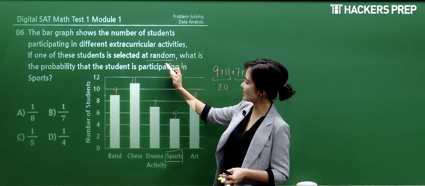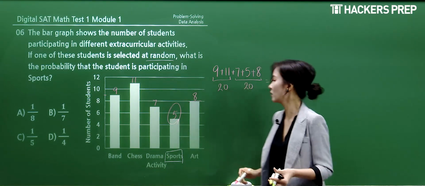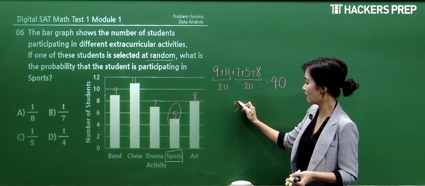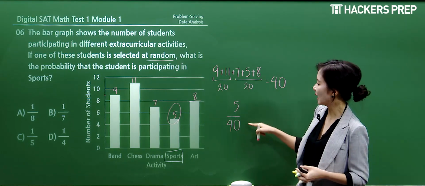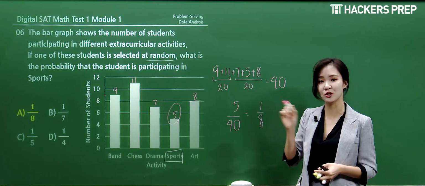Because the question is asking about sports, the corresponding value of sports is going to be 5. So if we choose those 5 students at random, we have 5 out of 40 as a probability. We can simplify this down to 1 over 8, and that's going to be the answer A.